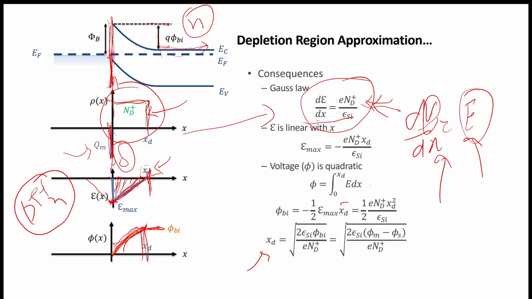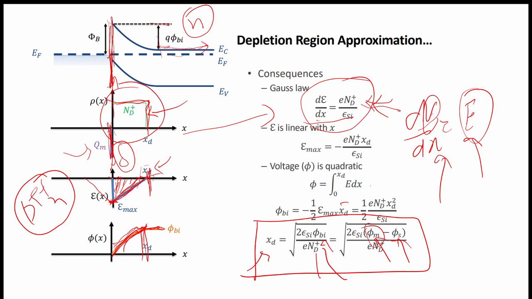The depletion region width will be the square root of twice epsilon Si phi bi divided by q N D plus. Phi bi, as we have already seen, will be phi m minus phi s, the work function of the metal minus the work function of the semiconductor. From here we can calculate this depletion region width.